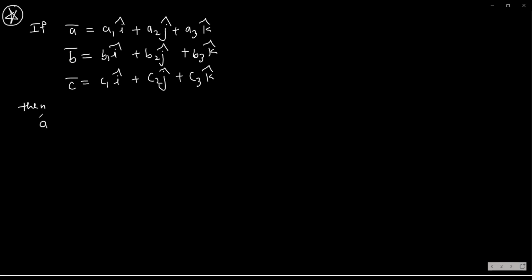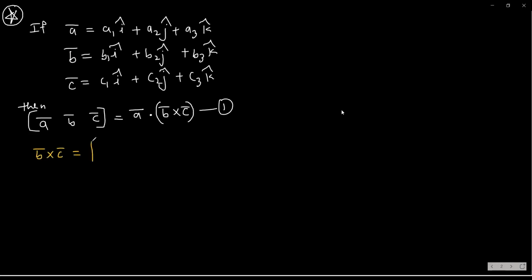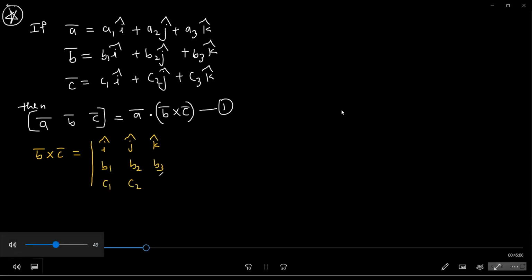So now you know, students, the box product a bar, b bar, c bar is a bar dot b bar cross c bar. Let me write this as 1. I will first find out b bar cross c bar. Now you know b bar cross c bar is the determinant i cap, j cap, k cap; b1, b2, b3; c1, c2, c3.